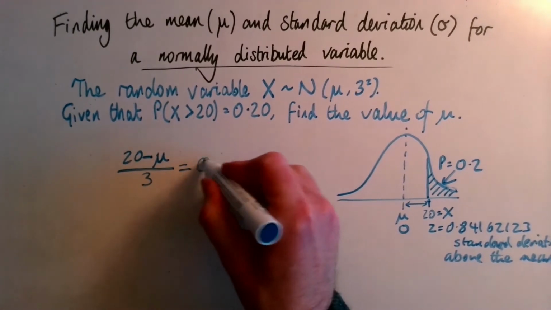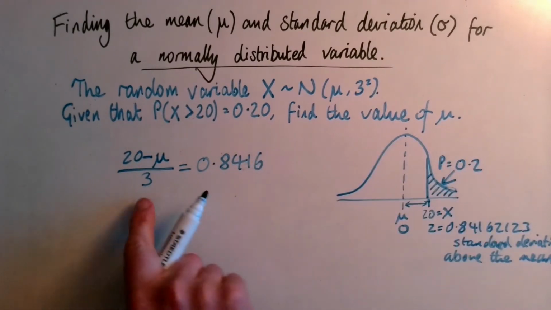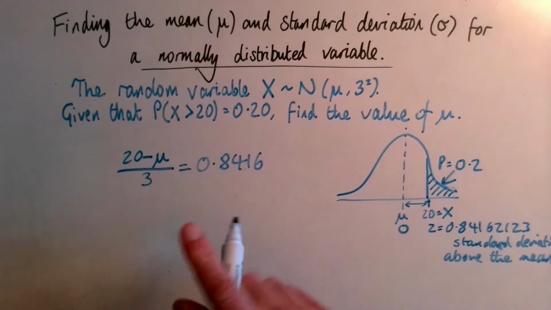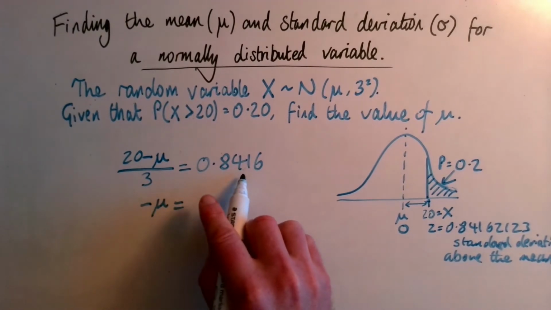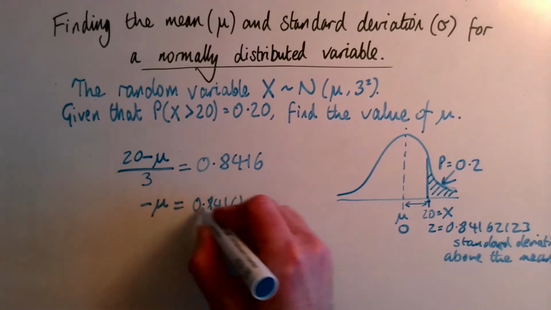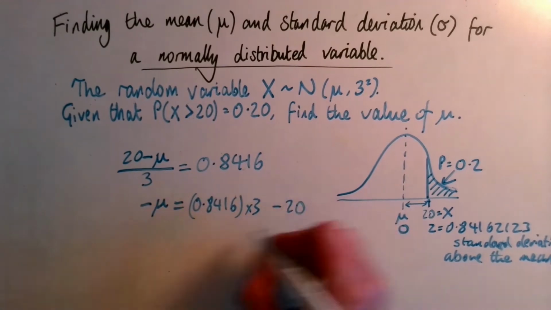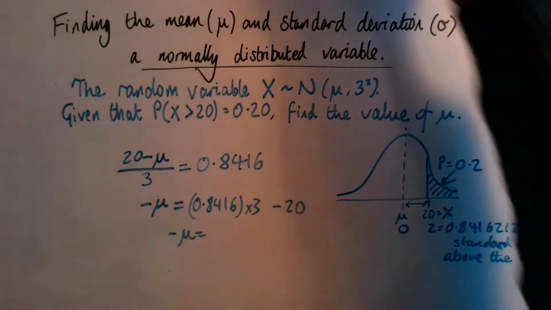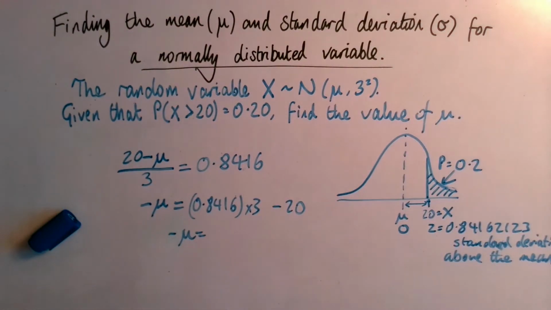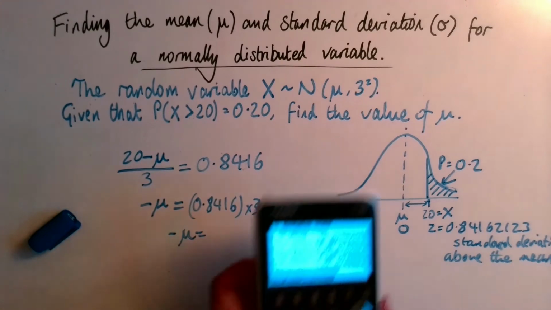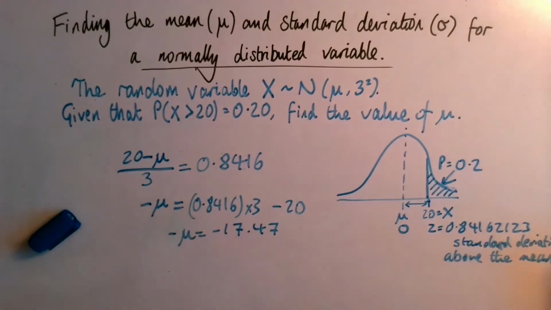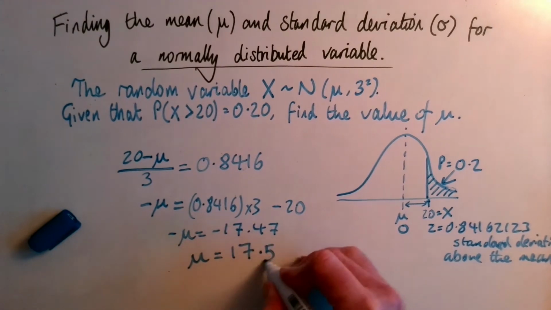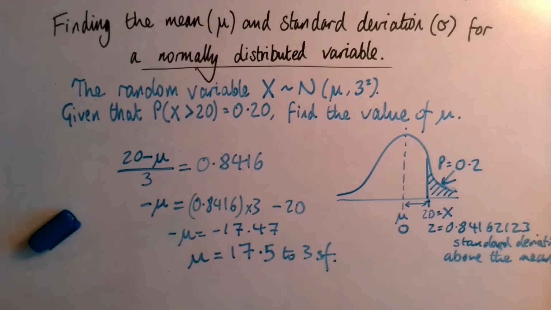So if I replace that with 0.8416, and if I multiply 0.8416 by 3, and then take 20 as well, so into your calculator, we would get the negative value of the mean being minus 17.47, so therefore the mean, if we multiply both sides by -1, will be 17.5 to 3 significant figures.